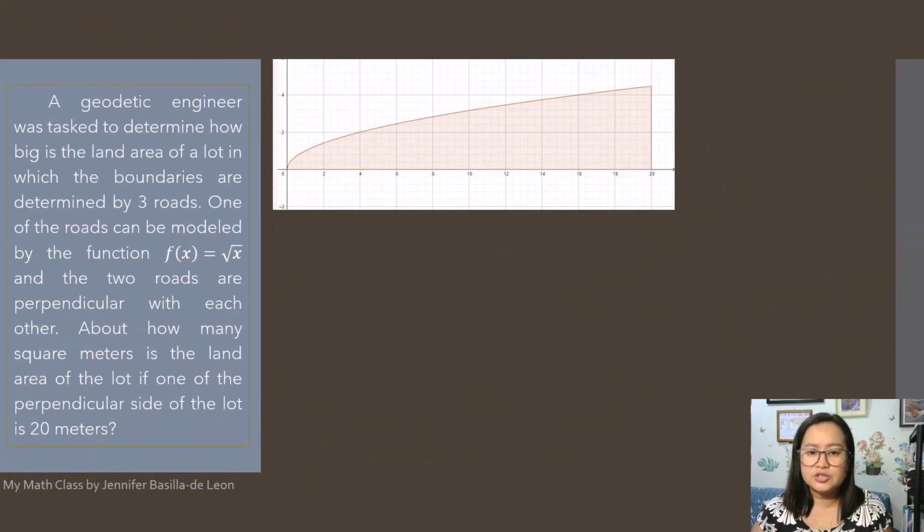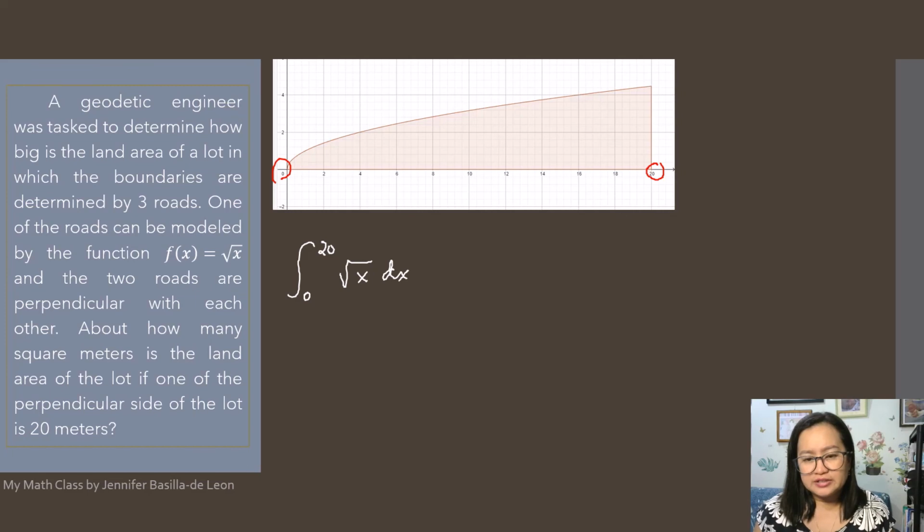Graphing, this will be the lot being described in the problem. Then we have the interval from 0 to 20. So we will just consider the closed interval from 0 to 20. And then the function is the square root of x.